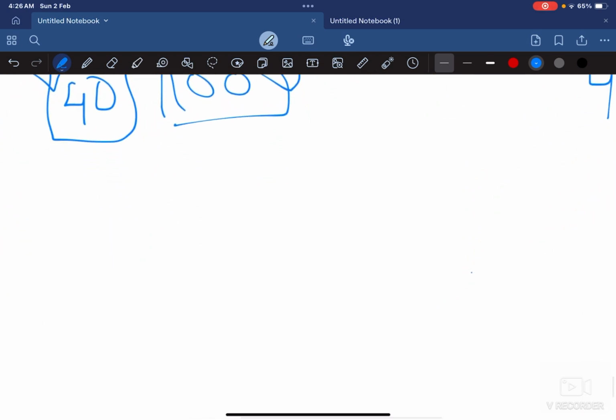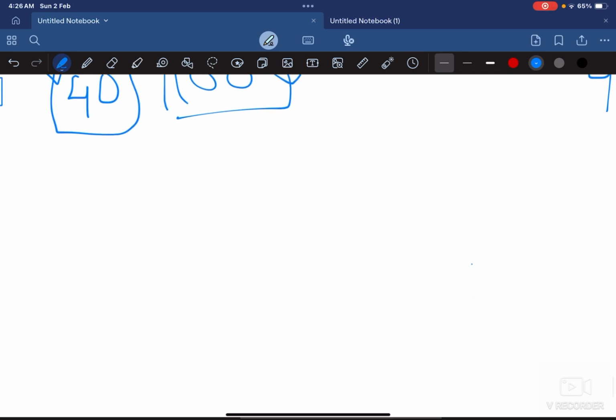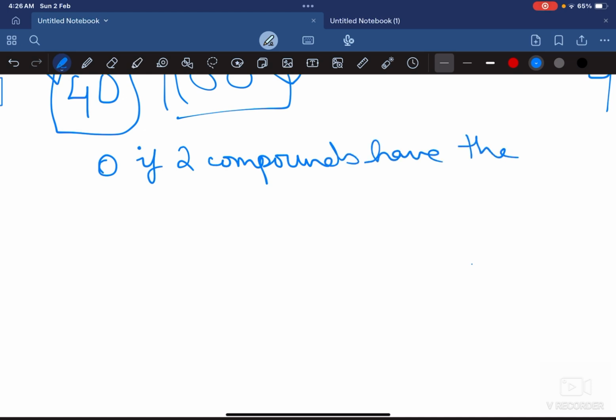Let me write one point. That is a very important point. This thing what I am writing over here is very important. If two compounds have the same molecular formula, then they have the same composition by mass.